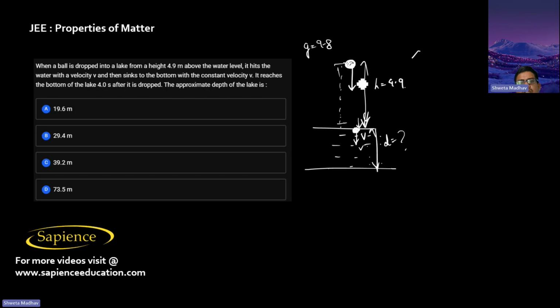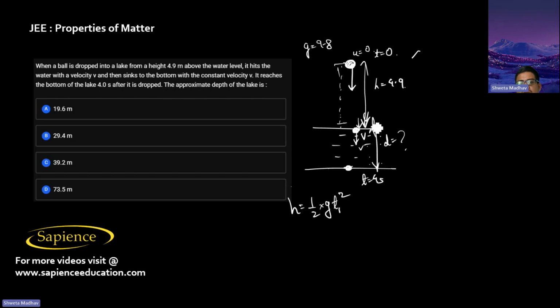How much time it will take to cover this height? The initial velocity is 0 when it is dropped at t equal to 0, and at t equal to 4 seconds it will reach the bottom of the lake. So h will be equal to ut plus half g t square.